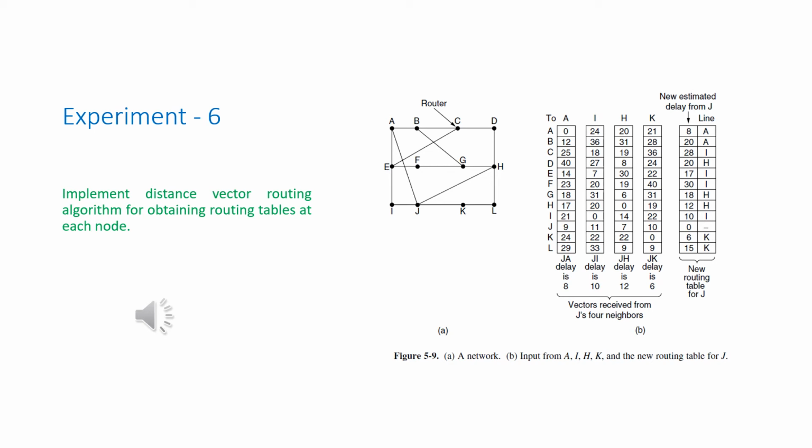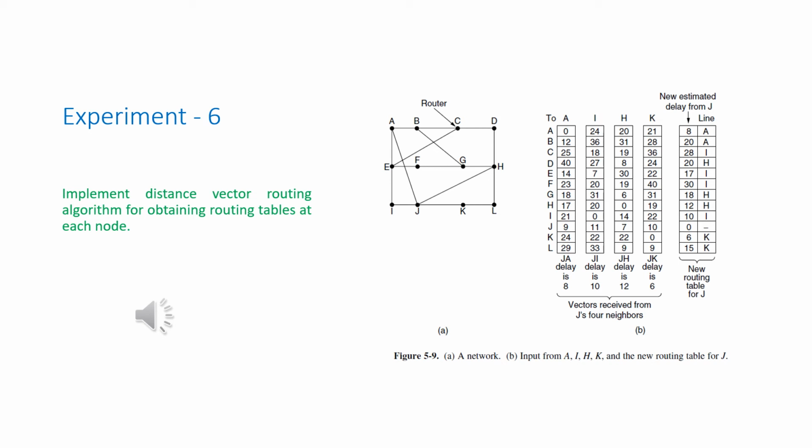Similarly, I want to go to B, which is the best path? Again it tries to compute. From J to A it takes 8, 8 plus 12 it is 20, and in this case 10 plus 36 is 46, and in this case 31 plus 12 it is 43, and in this case it is 28 plus 6, so it comes to 34.